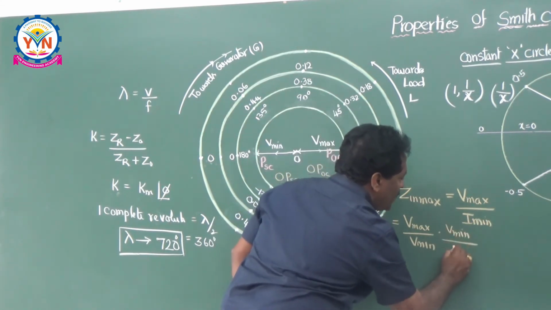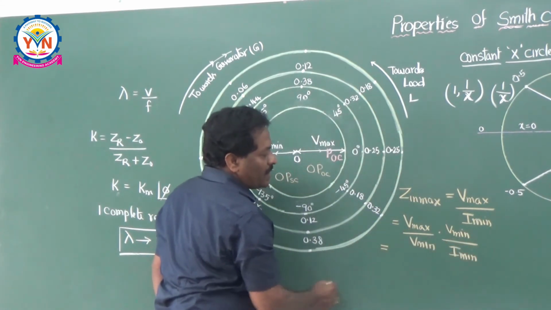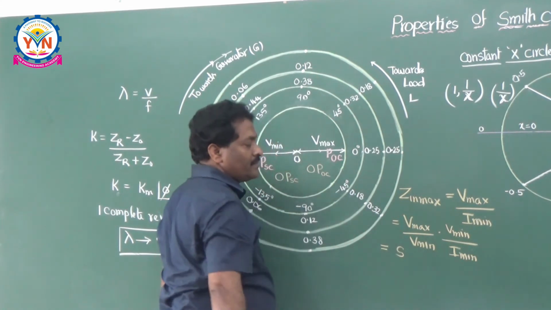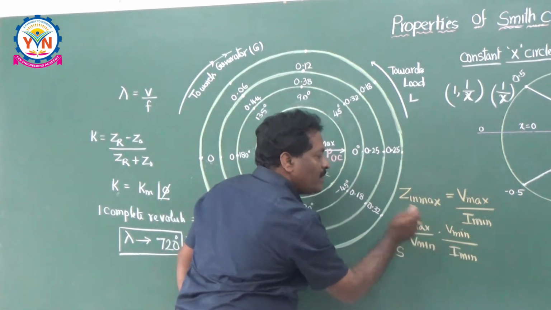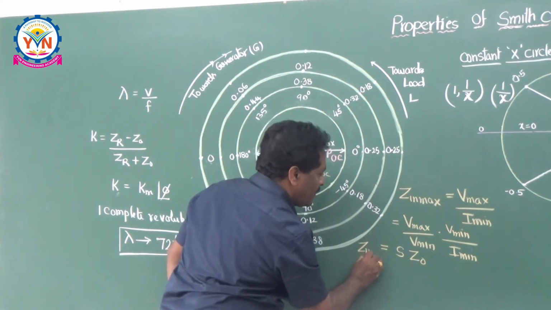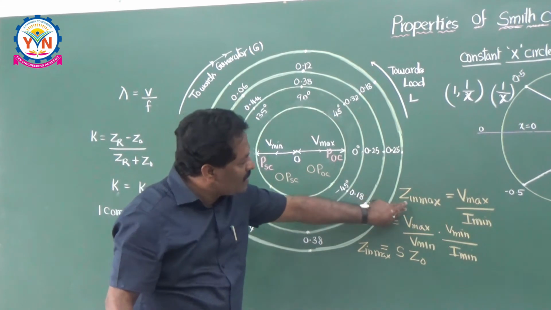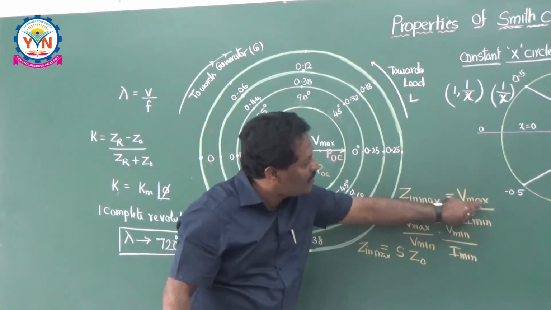That means I am multiplying with V minimum on both sides. So what is V maximum by V minimum? That is nothing but the standing wave ratio. And V minimum by I minimum is nothing but your Z0. So that is called Zn max. Zn is maximum whenever V maximum occurs.